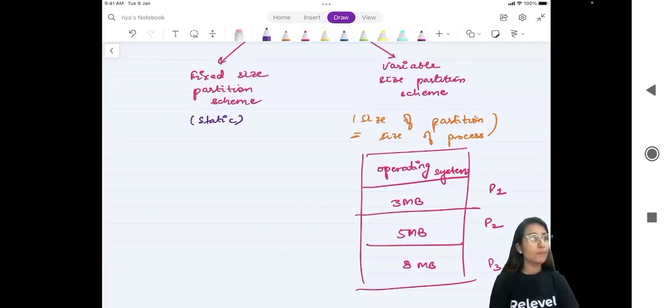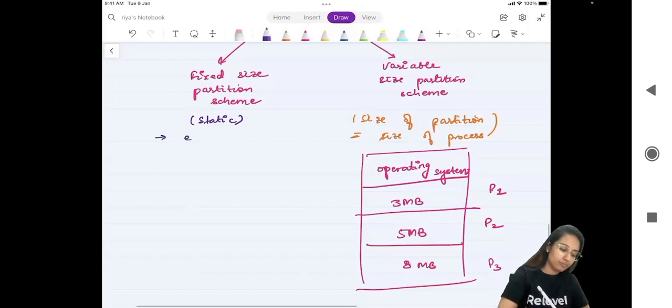Now the partitions may or may not be the same size. The size of each partition is fixed though, as indicated by the name of the technique. In this partitioning scheme, each partition can contain only one process.